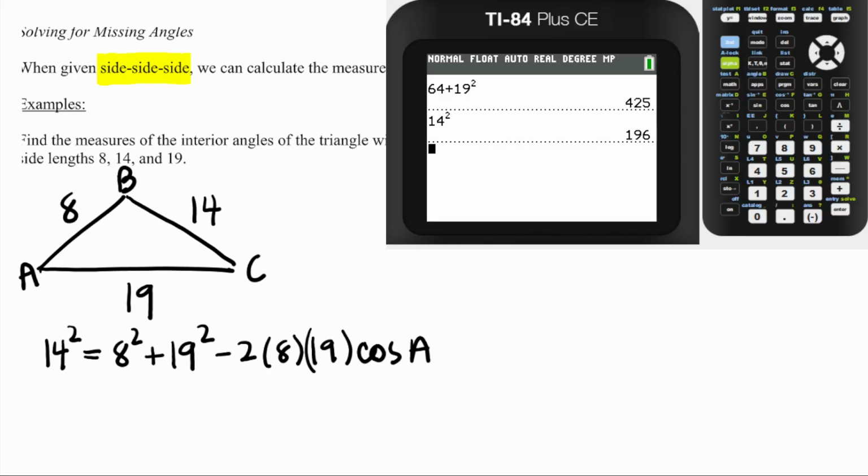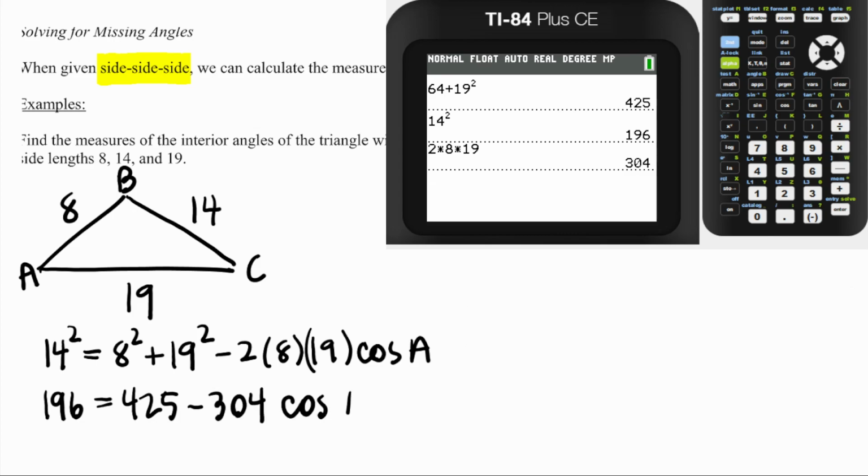Alright, so I've got 64 plus 19 squared, that's 425. And 14 squared is 196. So I'm going to need 196 equals 425 minus, okay, need 2 times 8 times 19. Looks like that's 304. So minus 304 cosine of A.